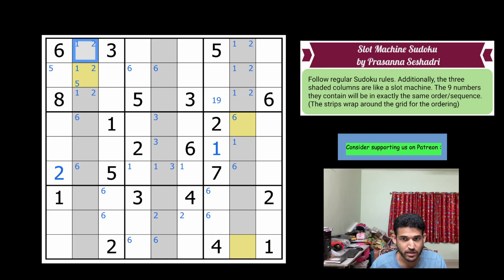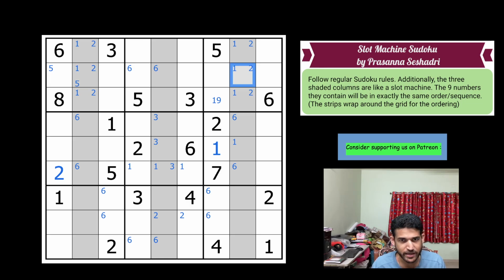Remember, the strips wrap around the grid as per the rules. So in order to displace it by 2 positions, I can take it above and then come back down, or I can just simply move it down. Now we know that both of these cells cannot be 1 and 2 because both the 1 and 2s are here. So clearly the yellow cell cannot be a 1 or a 2.